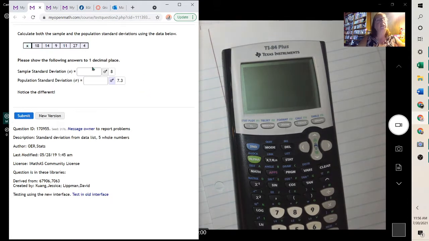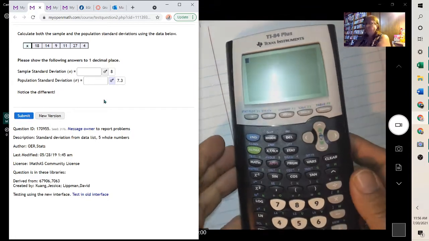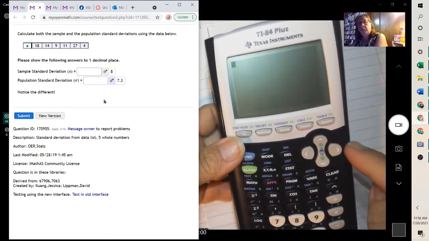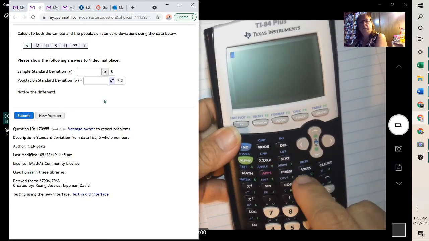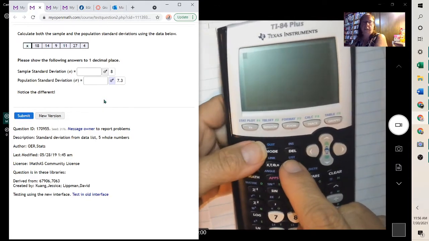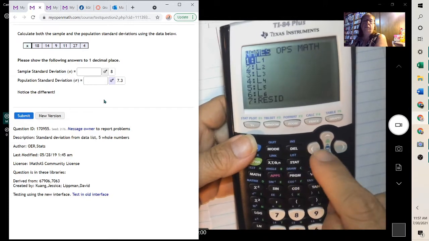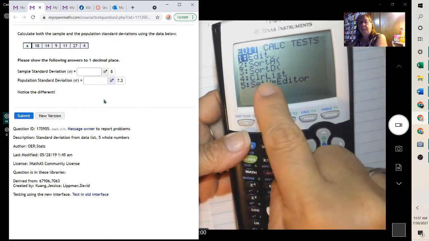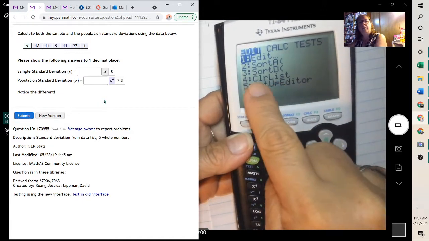The last one, finding standard deviation, sample. Okay, one way of doing it, since you're using a calculator, first thing you need to do is put it in the list. So I'm going to go here and clear my list, because right now I have the last problem in there.